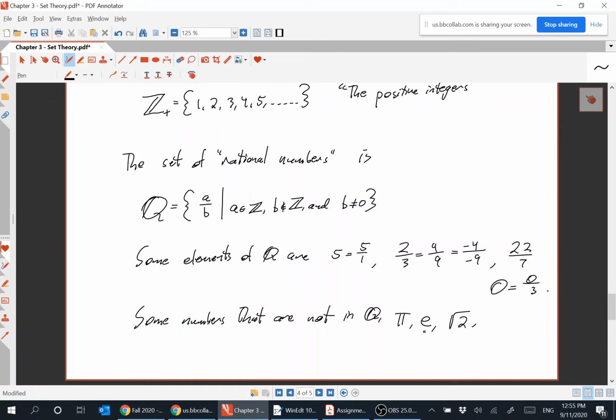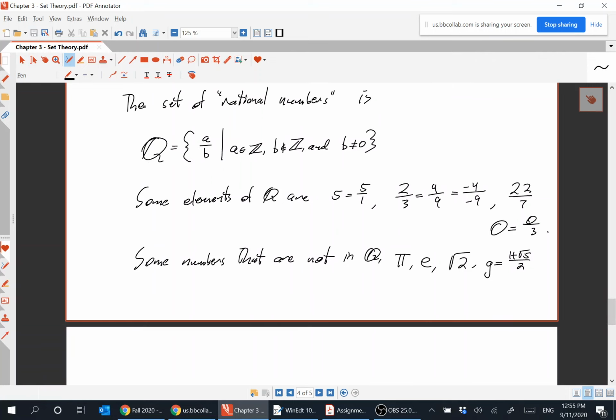Showing that the square root of 2 is not rational is definitely doable, and we'll do that at some point. The golden ratio, that number we were talking about last time, is not in there. Any integer that's not a perfect square, when you take the square root, it's not in Q. Square root of 2 is the simplest one to analyze.